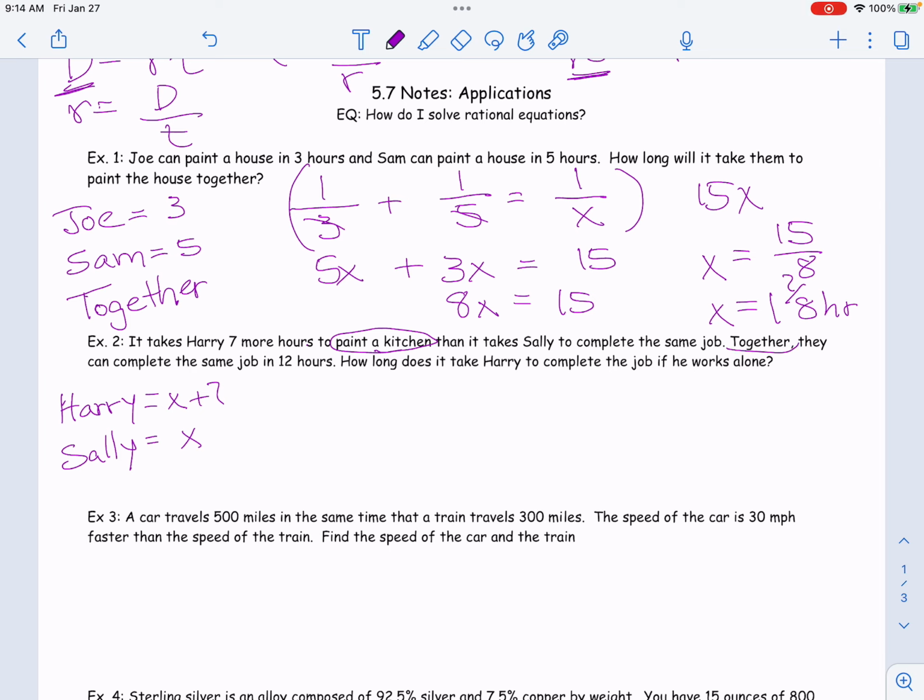Oh, I'm sorry, together they can complete the same job in 12 hours. So we know that together they can do it in 12 hours. So we have 1 over x plus 7, which is Harry, and we add it to Sally, 1 over x, and we complete that in 12 hours.